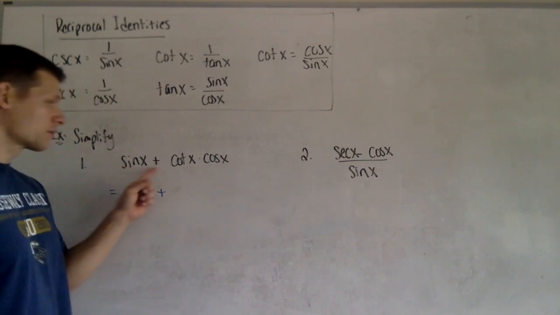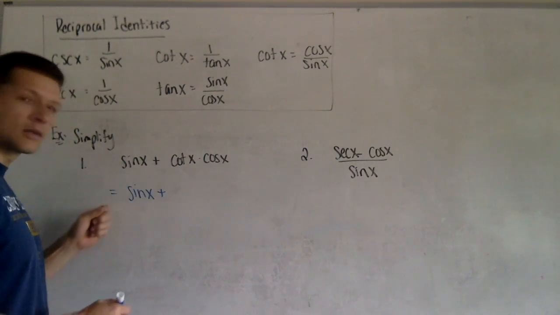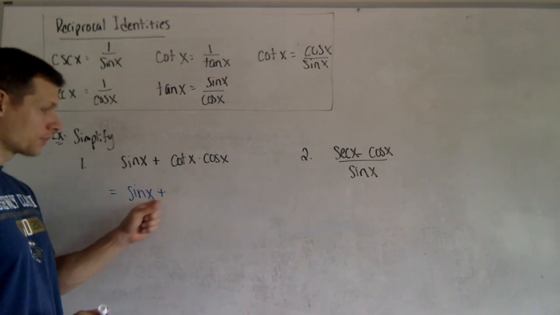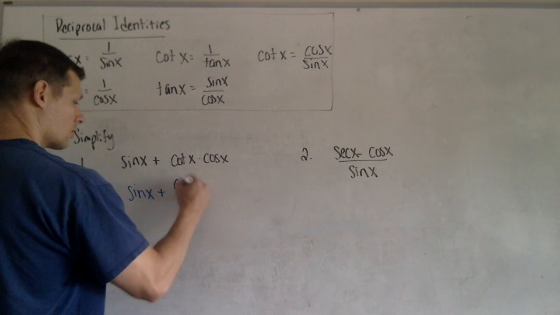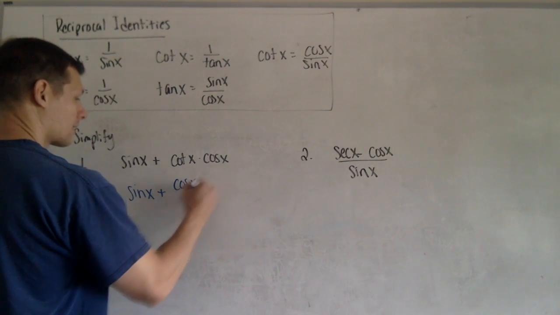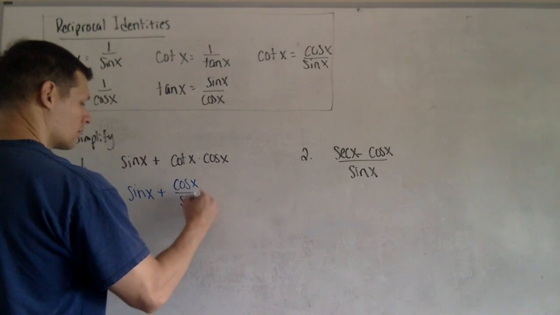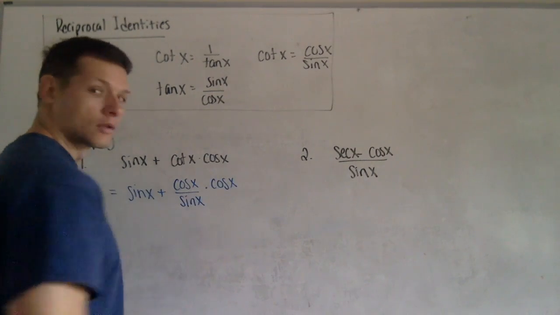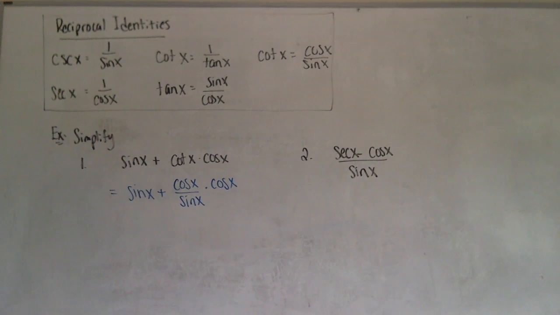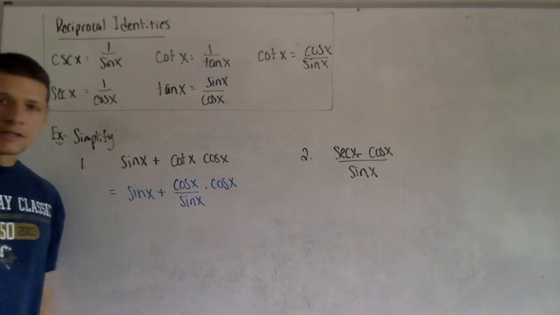So sine x plus cotangent x cosine x is equal to sine x plus, now cotangent x is equal to cosine x over sine x, and we'll have that times cosine x here, okay? Well, that didn't make it any easier, did it? It made it harder.